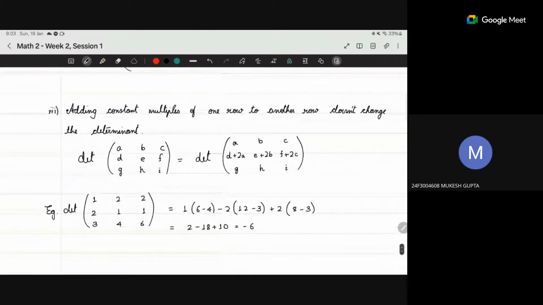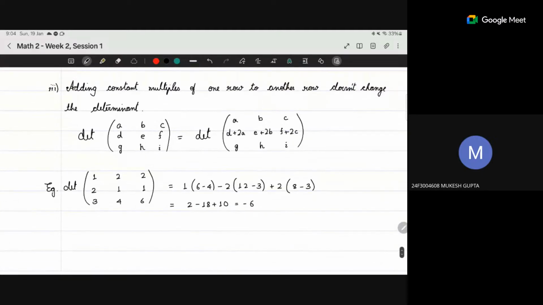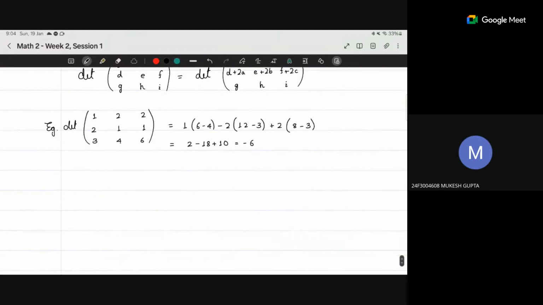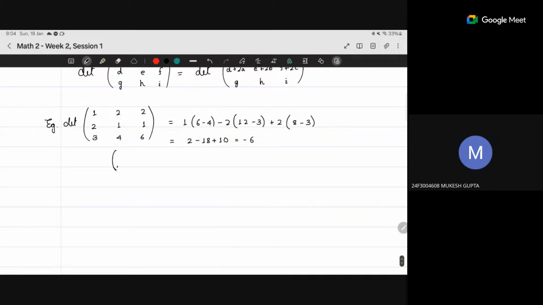But if I use this property somewhat cleverly, I can change this matrix. I know that the determinant of the first matrix is the same as the determinant with first row 1 minus 2 times 2, 2 minus 2 times 1, 2 minus 2 times 1, and the remaining things the same.